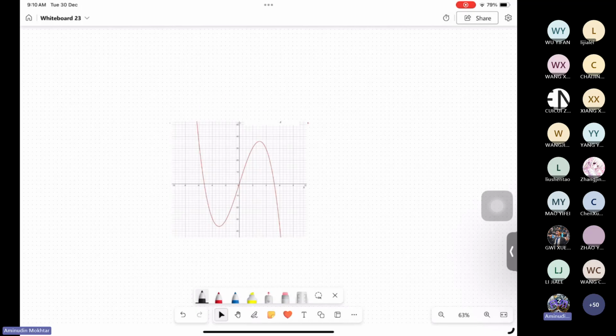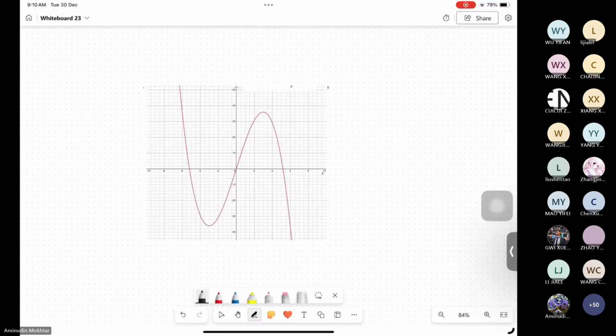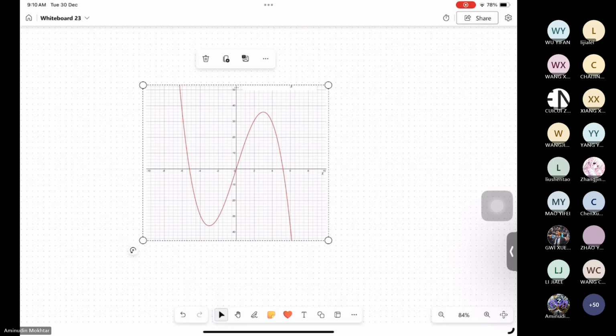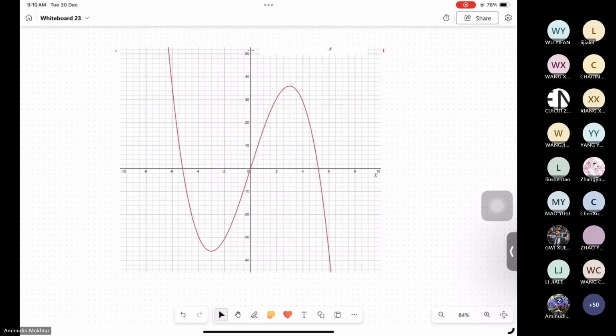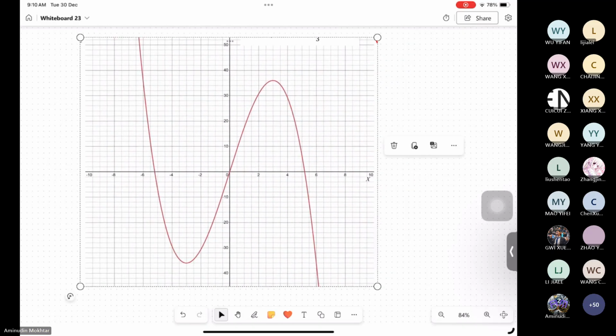Okay, we refer to this graph. Let's assume that there is one graph here.